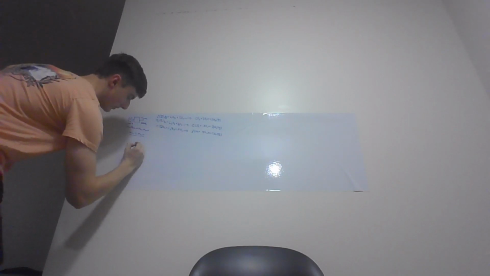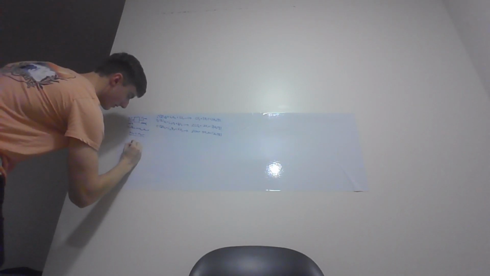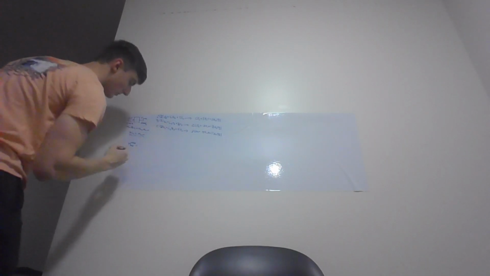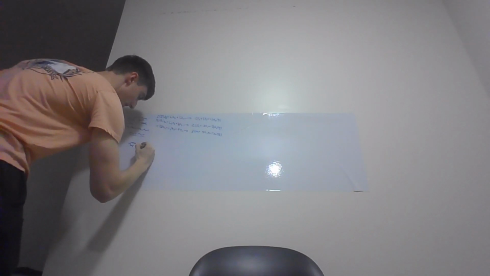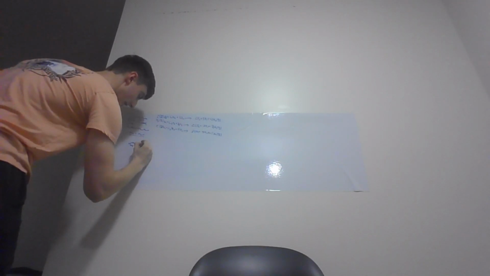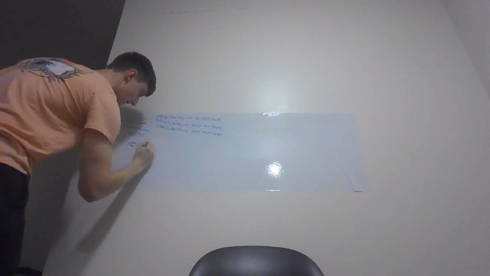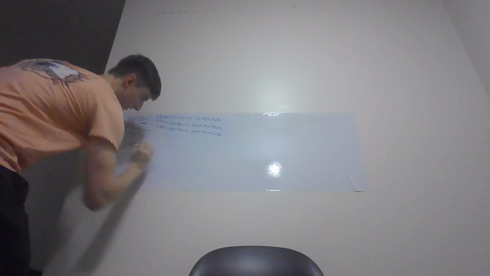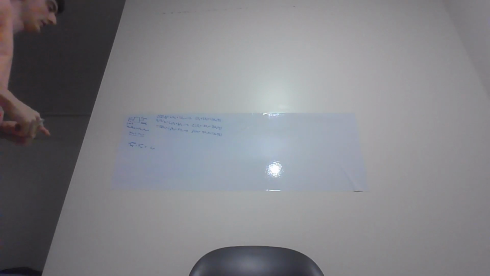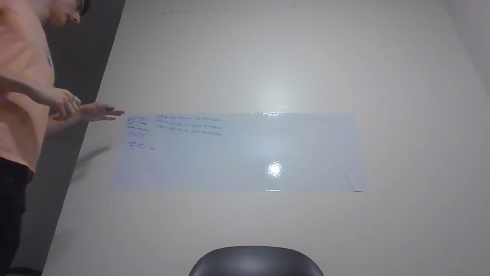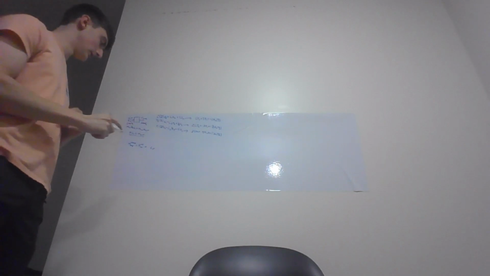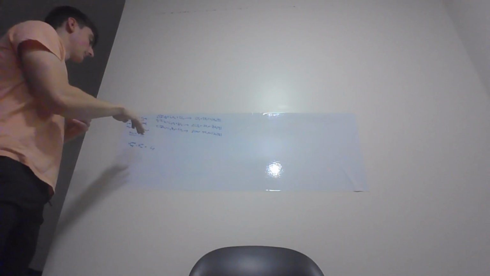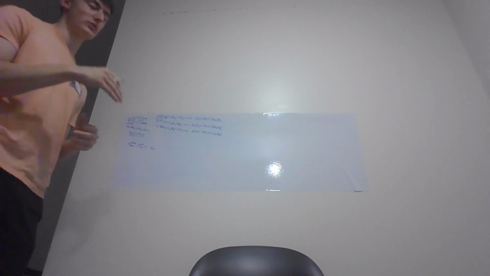So any compound at 2000, which is our ending temperature in kelvins, is equal to the enthalpy of the compound at 298, and we're going to have to add in the heat capacity here. The heat capacity will be different for the compound as the temperature increases.